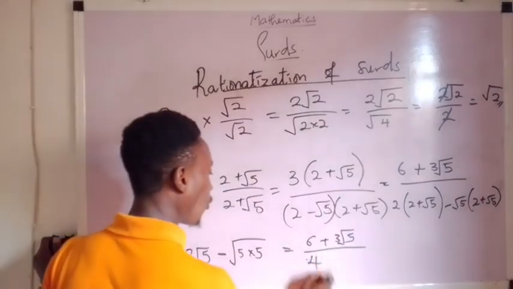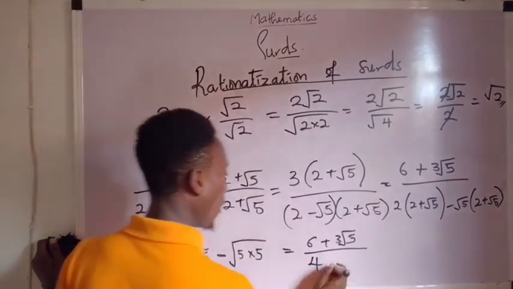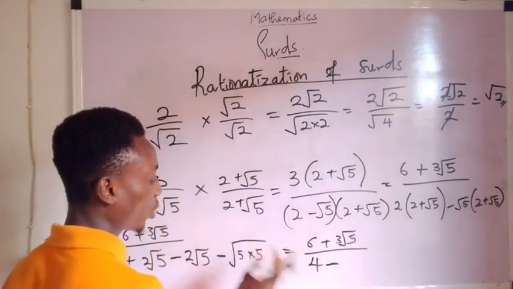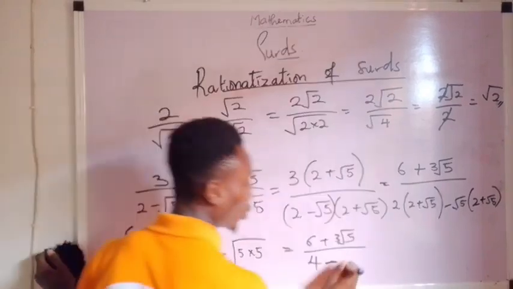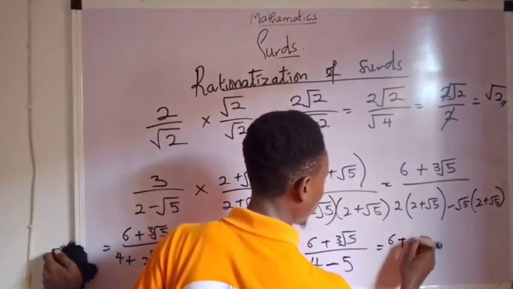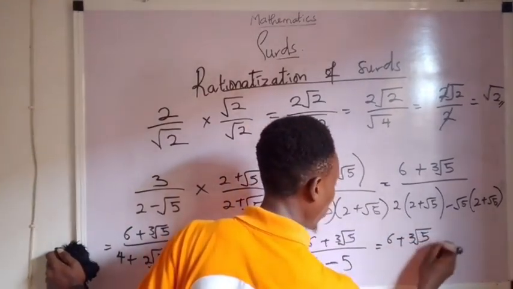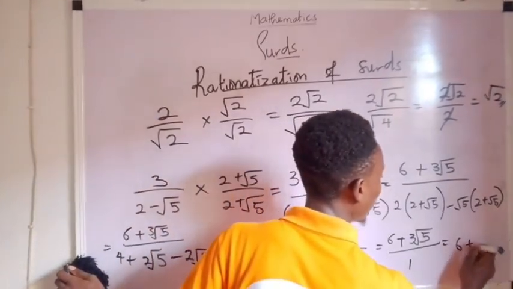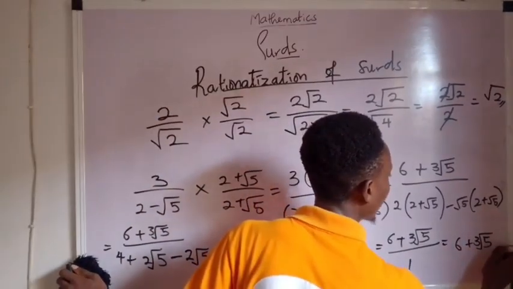So you have 4 minus, because this is equal to 0 already, root 5 times root 5 is what? Root 25. Now root 25 will give us what? 5. So you have 6 plus 3 root 5 over 4 minus 5 will give us what? Minus 1. Our answer is what? 6 plus 3 root 5.